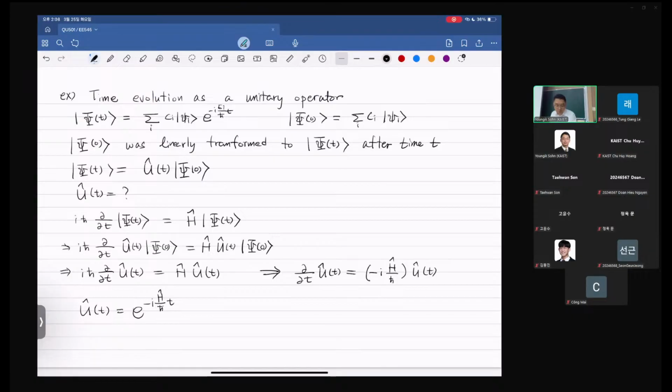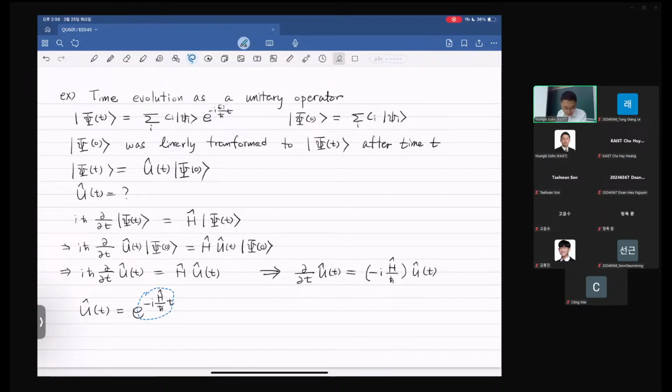But remember, you actually have to define what you mean by putting an operator on top of the exponent. Usually you put a number in the exponent, and you know how to deal with real and imaginary, even complex numbers. But probably it's the first time you're seeing an operator there. How do you do it? Well, there is a definition of how you calculate this.